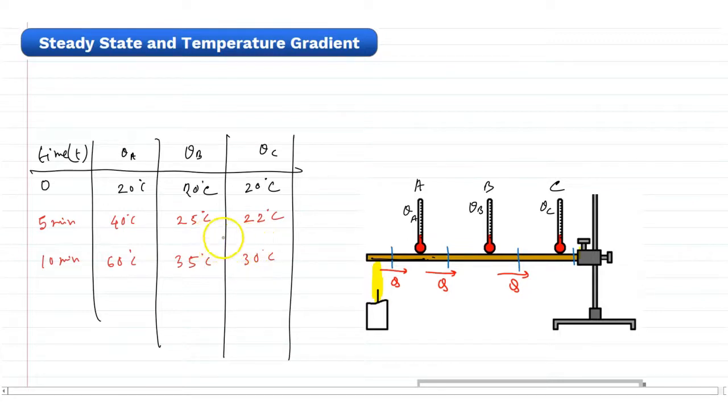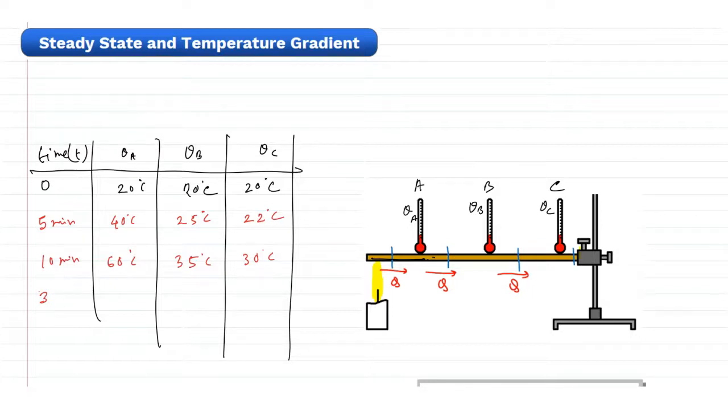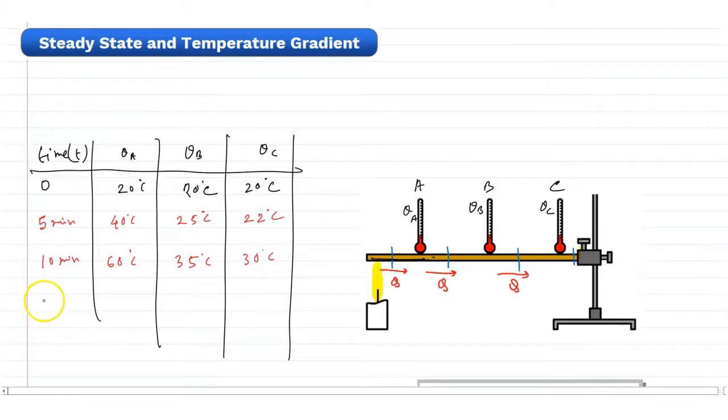That means with increasing time the temperature gradually increases, but after some time, suppose after 20 minutes, theta A is now 100 degrees centigrade, theta B is now 80 degrees centigrade, and theta C is now 60 degrees centigrade.